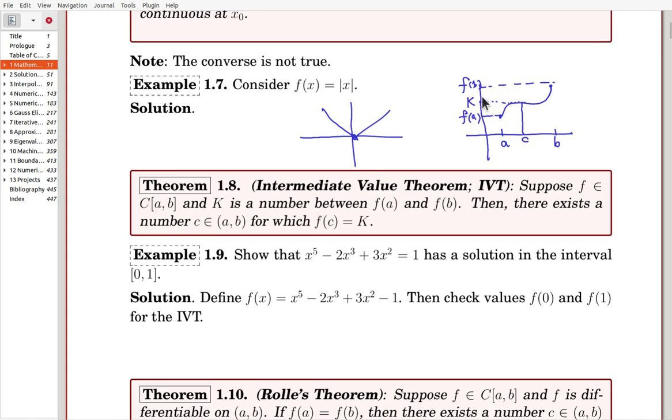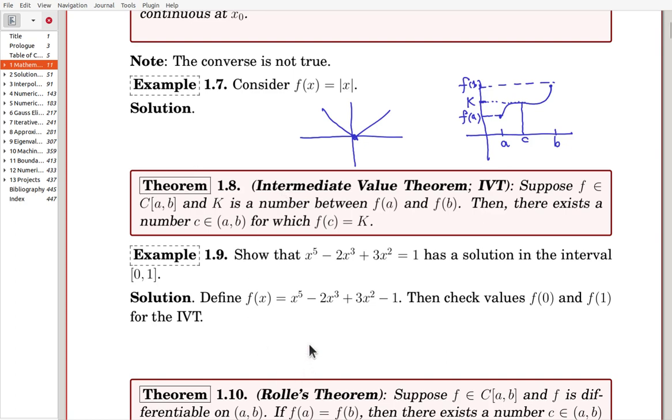That means that between f of A and f of B, this interval is in the range of the function f. For every k between f of A and f of B, there must be some point C between A and B such that f of C is the same as k. This intermediate value theorem is quite useful.